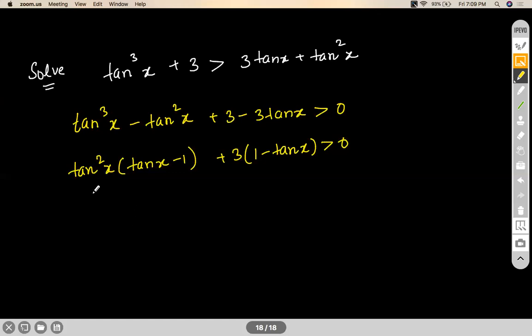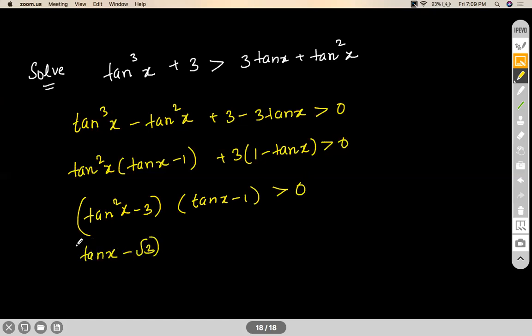That would give you tan square x minus 3 times tan x minus 1 greater than 0. This can be further factorized as tan x minus root 3, tan x plus root 3 into tan x minus 1.